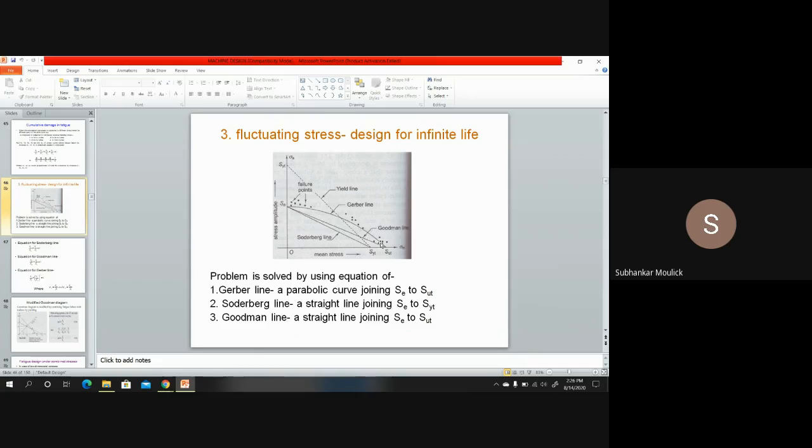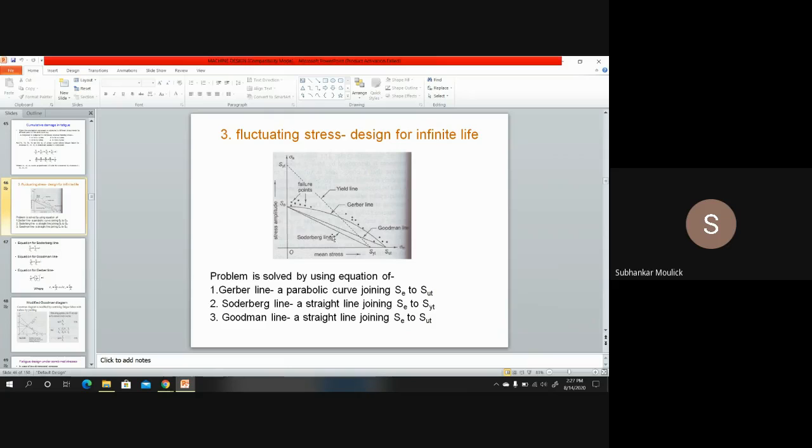So if any combination of sigma m and sigma a lies inside these curves, inside the Soderberg line, Goodman line, and Gerber line, then your component is safe to design. But if any combination of sigma m and sigma a lies outside the Gerber line, then your material will fail completely.